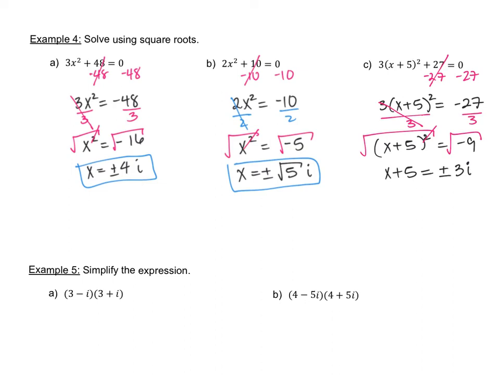So from here, what I can do is split it up into 2 equations. I could do that, or I could just move the 5 over because I know this 5 won't combine with the i. So if I were to subtract 5 over, I could actually write this as x equals negative 5 plus and minus 3i.